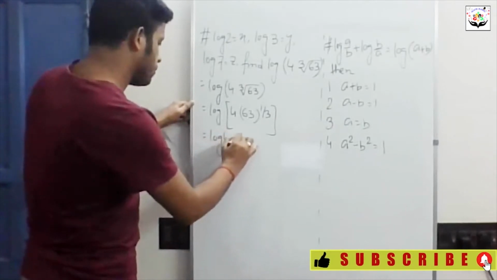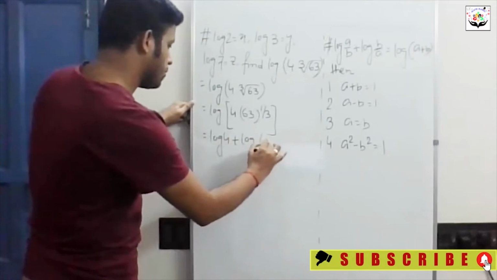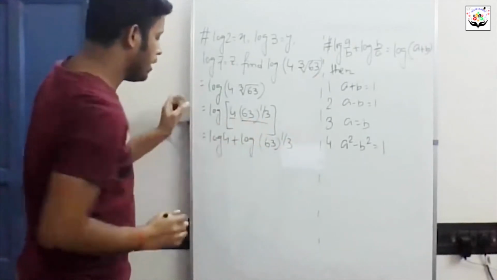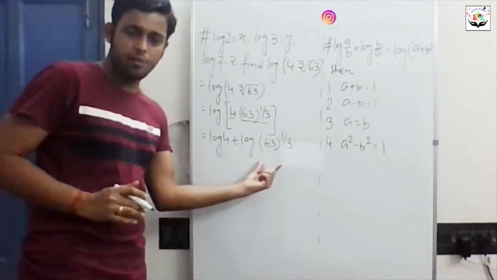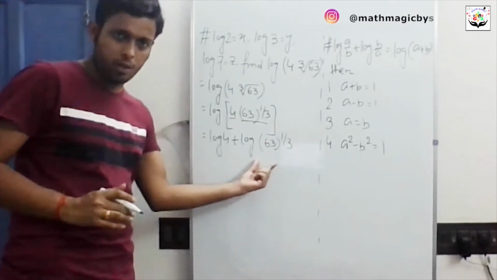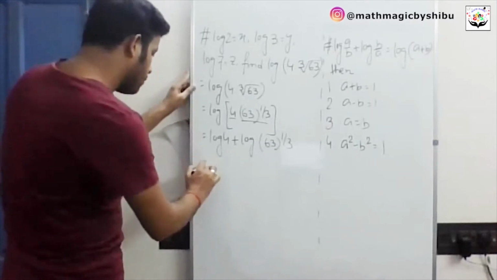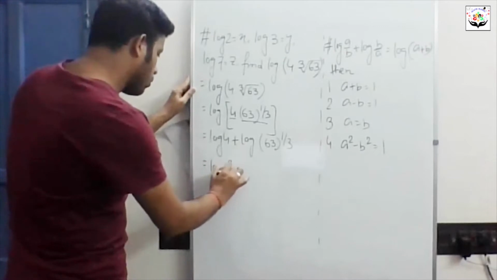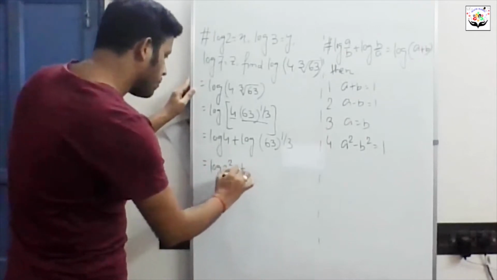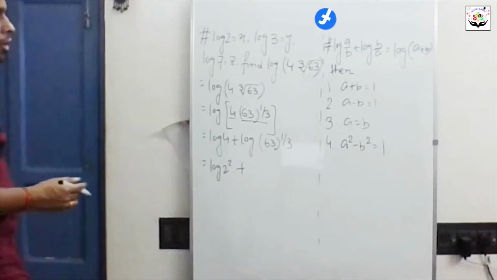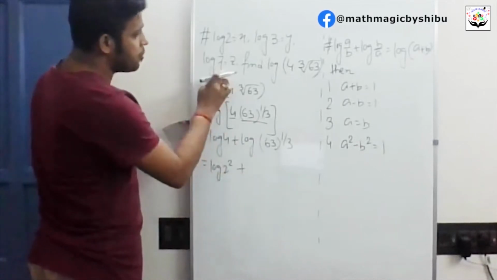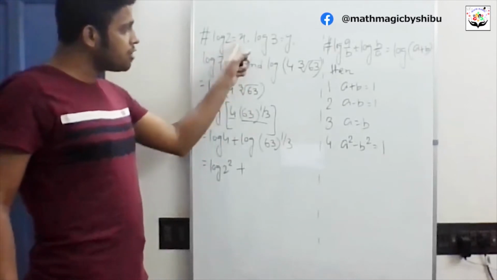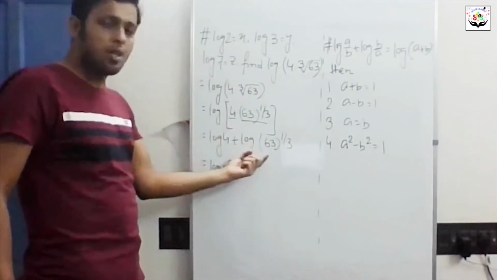Now I can split it as this, because we know log of x into y equals log x plus log y, as we always do to solve a few of the problems in logarithm, right? Now log 4 can be easily represented as log of 2 square. And from this part we need to represent 63 in terms of 7 and 3, because we need to use the values of log 3 and log 7 in the main problem.